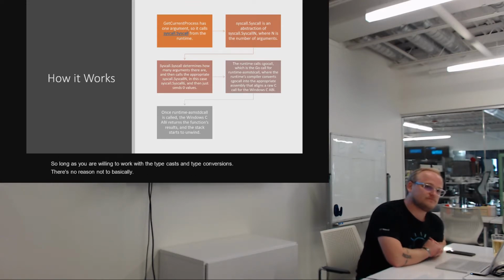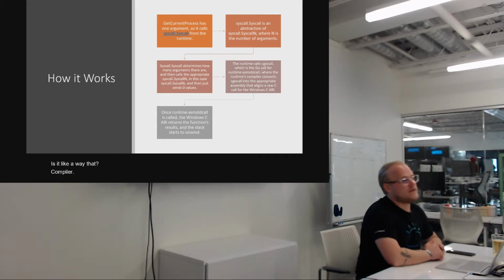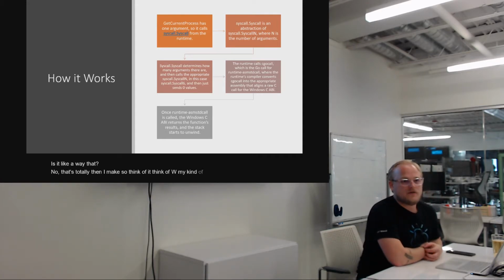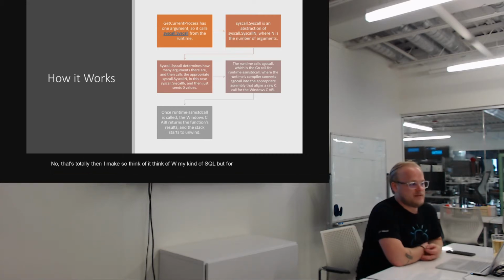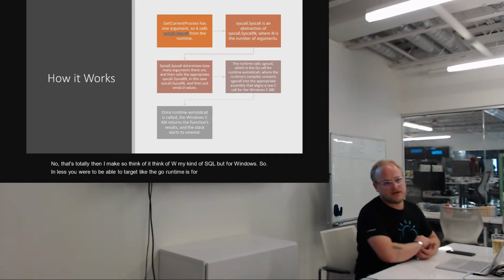Is that a way that the Go compiler could support targeting Windows, or is that just something for dynamic languages? No, that's totally dynamic. So think of WMI kind of like SQL, but for Windows. Unless you were able to target the Go runtime like you would for SQL, you wouldn't really be able to target it for WMI.